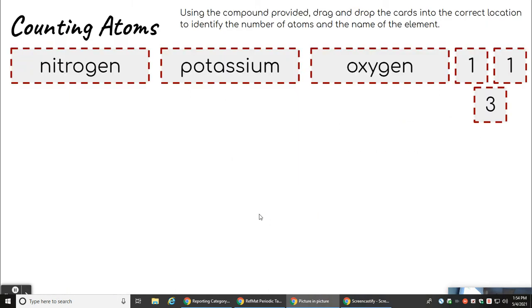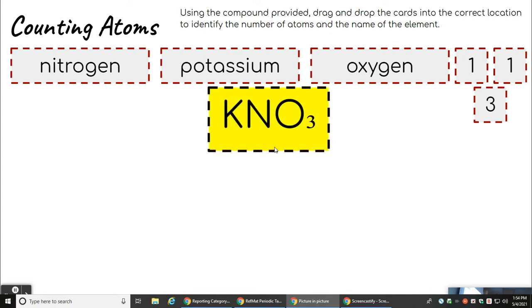Okay, we're going to count atoms, and in this activity, you guys are going to drag and drop these boxes, but I am only going to talk in this activity so I don't have to minimize my screen. So we have a chemical formula, and we want to count the atoms of each element. So you want to think of, well, what is this chemical formula composed of?